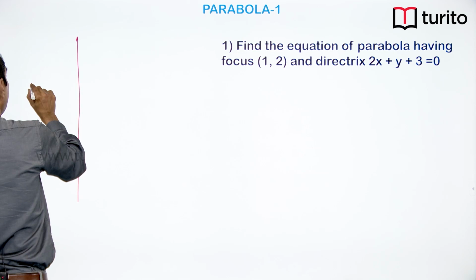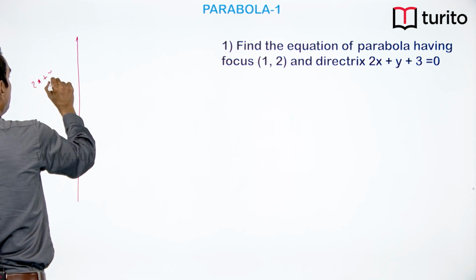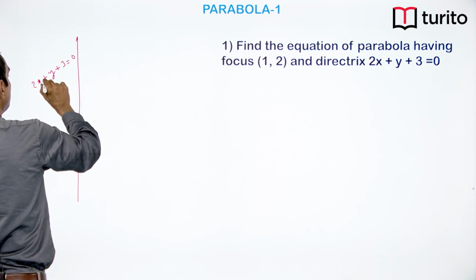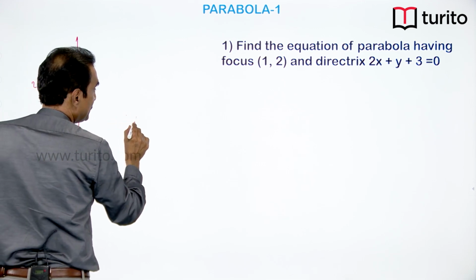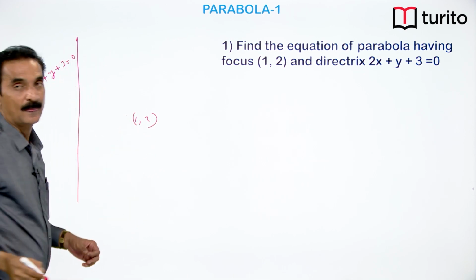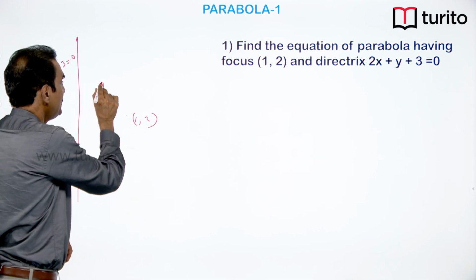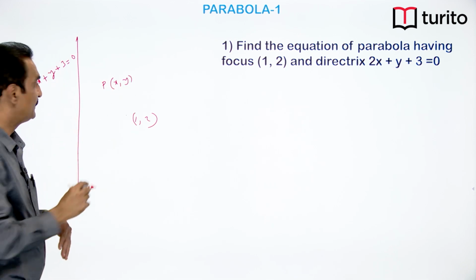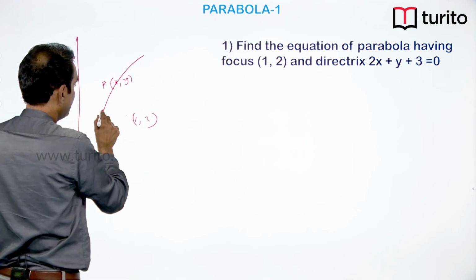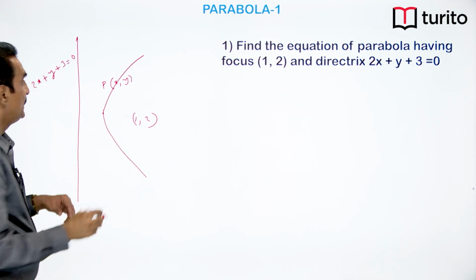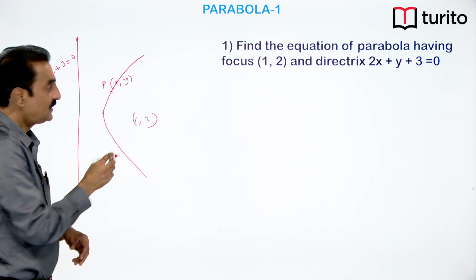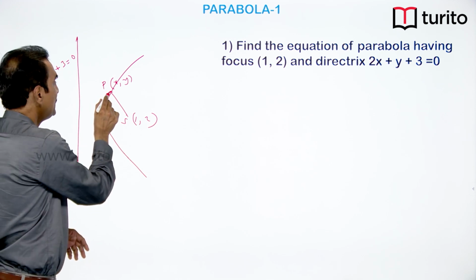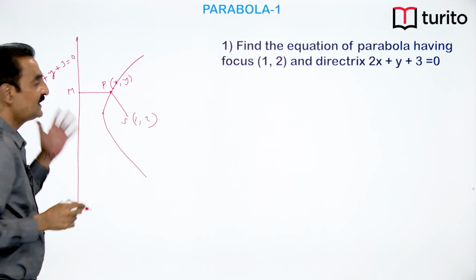The line is 2x plus y plus 3 is equal to 0 and the fixed point or focus is (1, 2). If you take any point P(x, y) on the parabola, this is the parabola, then the distance from the focus S will be equal to the perpendicular distance from the directrix.